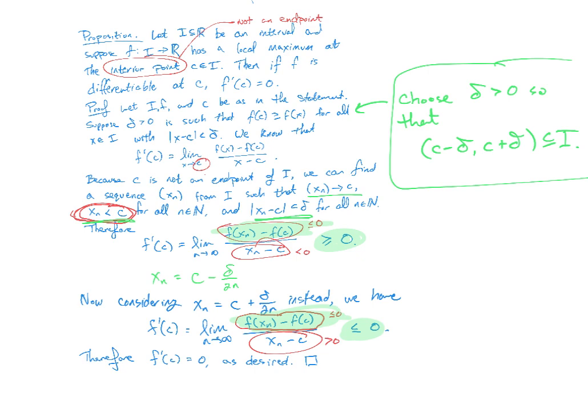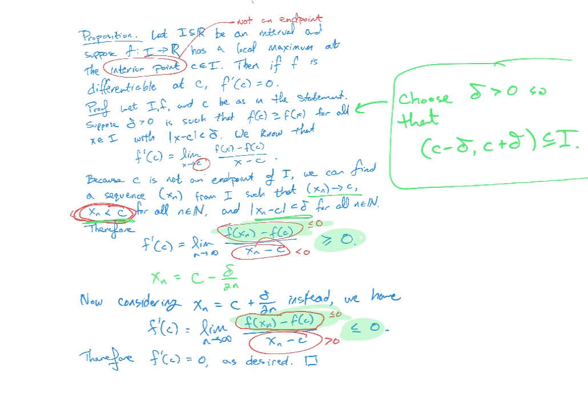The other thing, let me point out that the converse of this proposition is not true. It is not the case that wherever you have a relative min or max, your derivative has to be equal to 0.